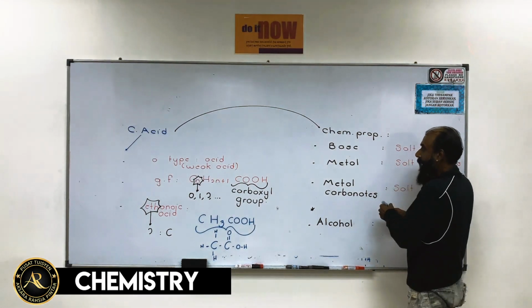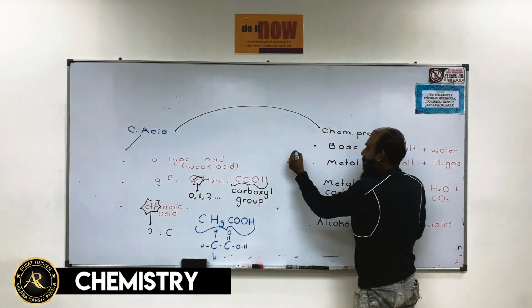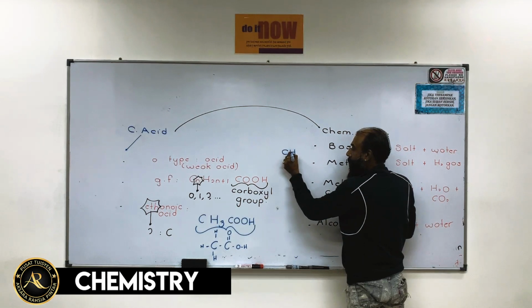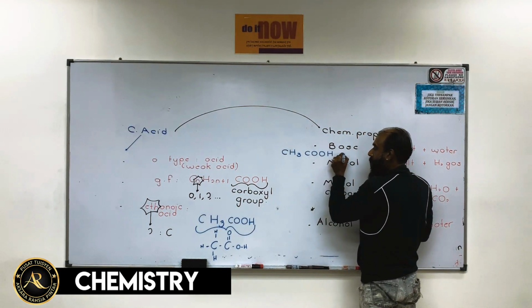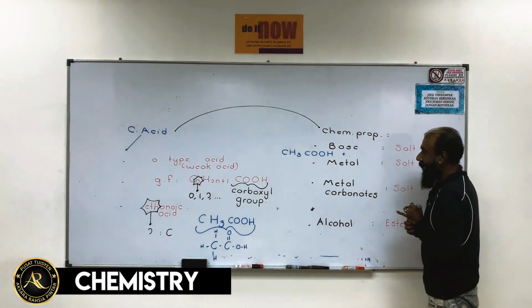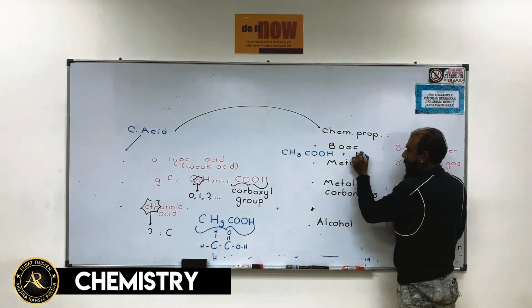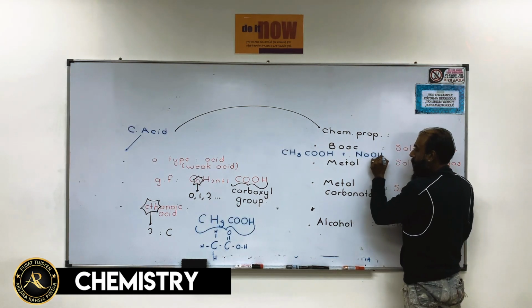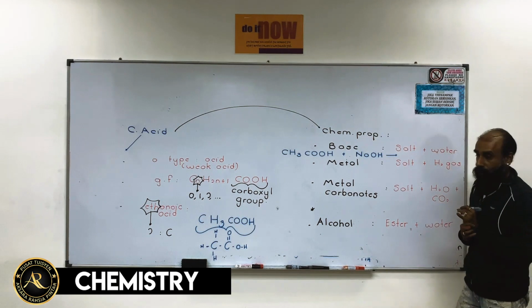Students, for the carboxylic acid, can we choose ethanoic acid, CH3COOH. We choose a base, an alkali, NaOH. Your product will be a salt.